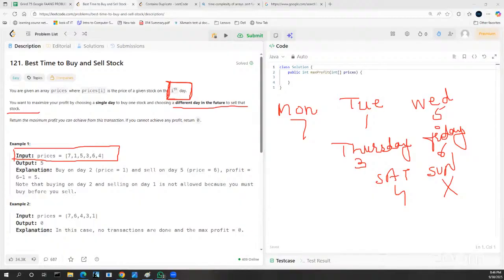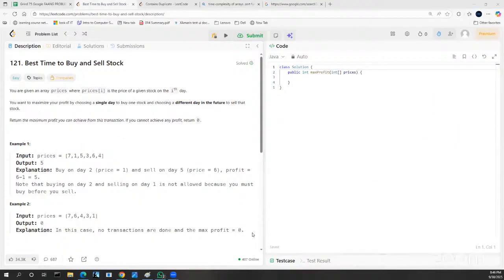Okay, if you allow me, let me add something here. Actually, the assumption here is that when the price is going down and you have bought the stock there, you are supposed to sell the stock when the price rises from the bottom. For example, at day 2 the price is 1.